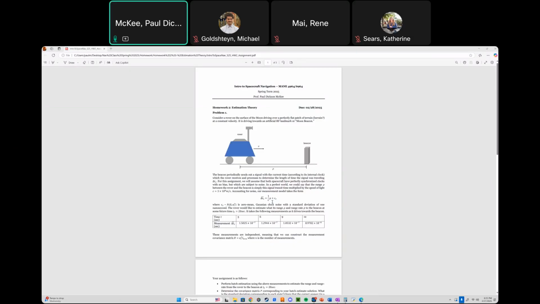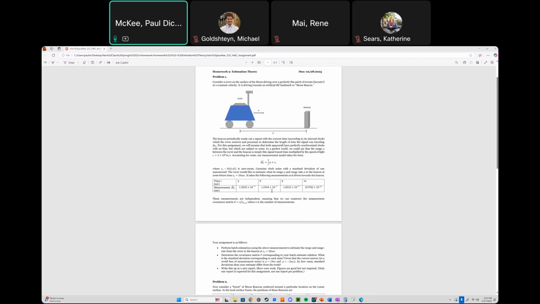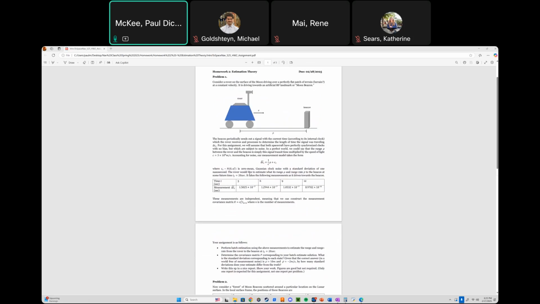So you're getting a delta T measurement. And ultimately, following a procedure which is very similar to what we just went over in class, we're measuring range and range rate. So rather than measuring velocity and acceleration, we're measuring position and velocity. But there will be some key differences you'll need to go through.